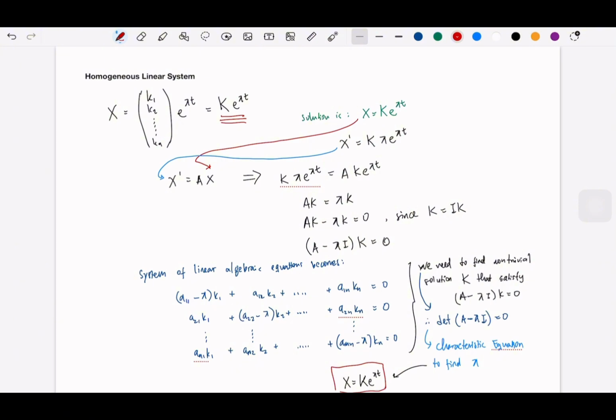But now, for today's course, aside from the normal regular method, if you remember the homogeneous system in engineering mathematics 1, there are a few cases that we have to discuss.